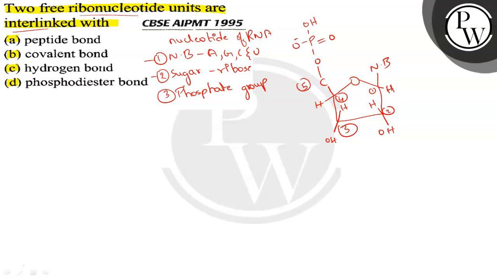So let us draw another structure so that we can see how both are arranged and connected. So this is the fifth carbon which is attached to the fourth carbon of the sugar molecule. Here the nitrogen base is there. Only one nitrogen base.